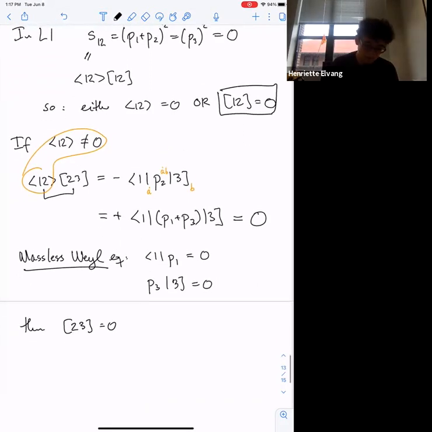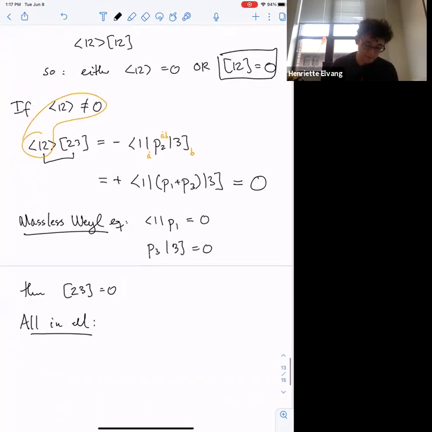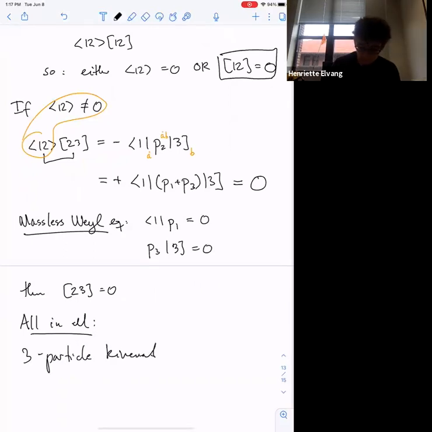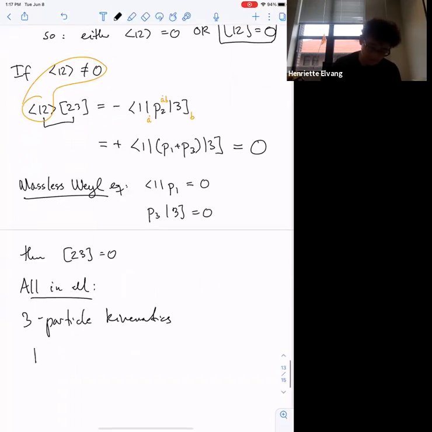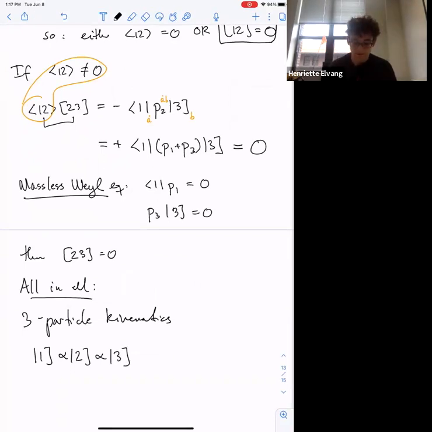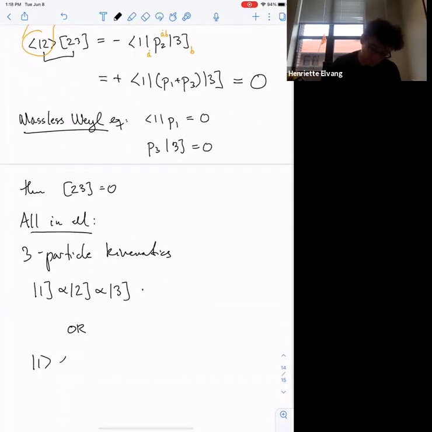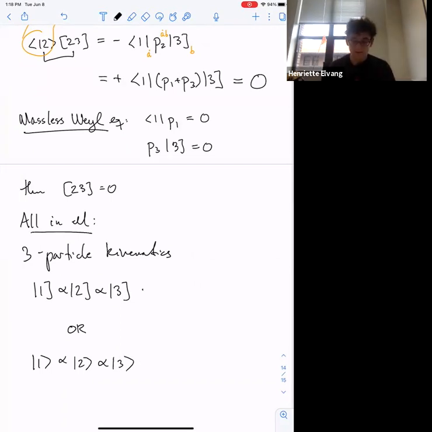So all in all, you can then combine all this to conclude that at 3-particle kinematics, we must have that either all the square brackets vanish, which is the same as saying that all the 2-component spinors are parallel to each other. Either this happens or the same thing happens for all the angles. So that's how 3-particle kinematics is very special.